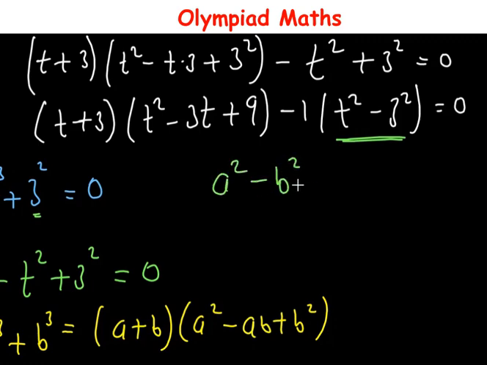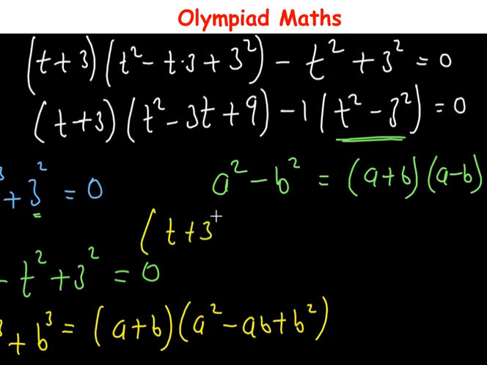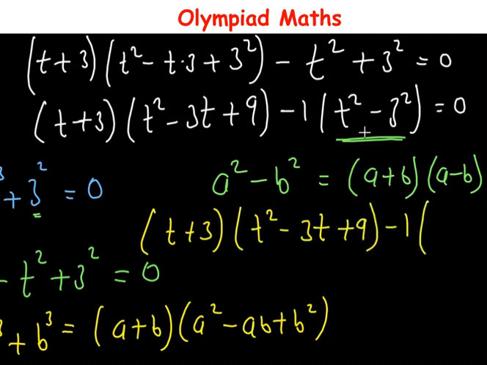And a squared minus b squared is equal to, in bracket, a plus b multiplied by a minus b. So therefore, expanding this, we have it as in bracket t plus 3 multiplied by t squared minus 3t plus 9. Then we have minus 1 into brackets. Expanding this using this format, a is t, while b is 3.